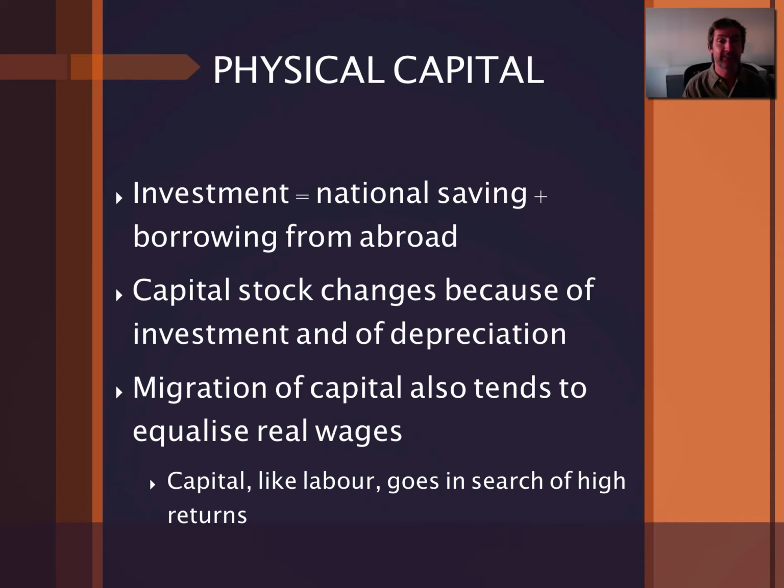As we've just seen, the capital stock changes because of investment and depreciation, and capital, like labor, will also go in search of high returns. So even though firms can't actually physically move factories from one country to another, they can certainly make decisions about the location of new investment that will be based on the returns that they perceive to that investment.